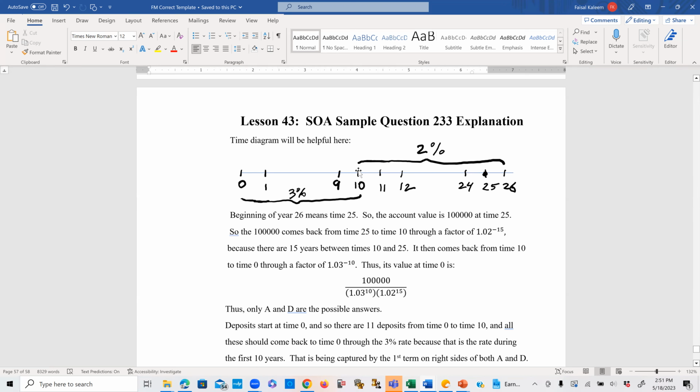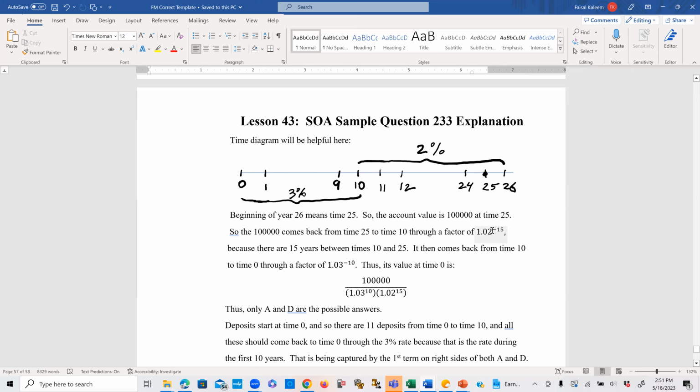And then to bring it from 10 to 0, we further multiply it with 1.03 to the power negative 10, because now the interest rate over this period is 3%. So therefore, the value at time 0 is 100,000 divided by 1.03 to the power 10, which is like multiplying it with 1.03 to the negative 10, and times 1.02 to the negative 15.